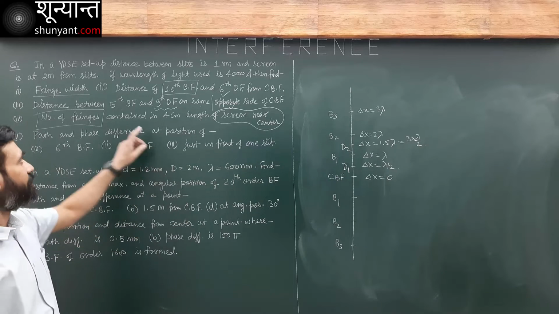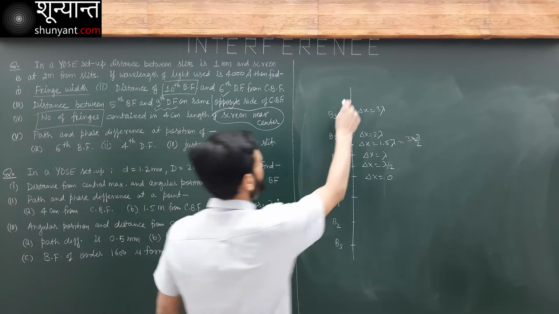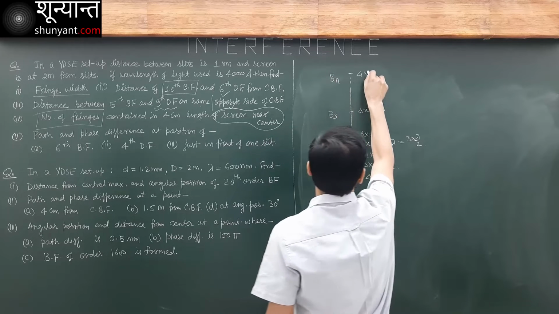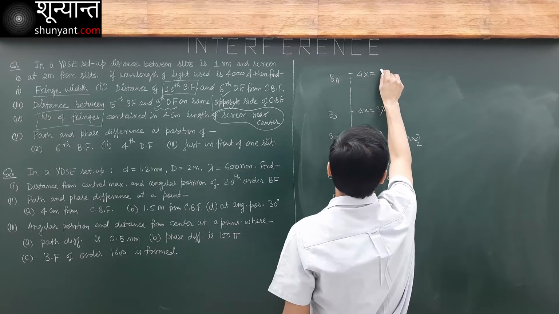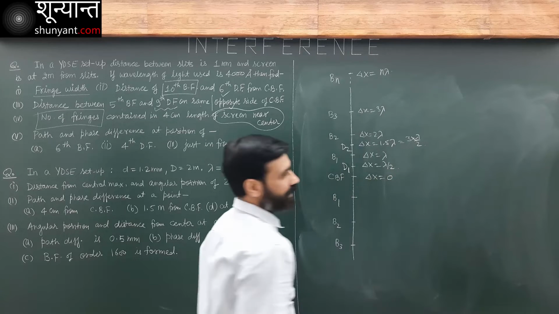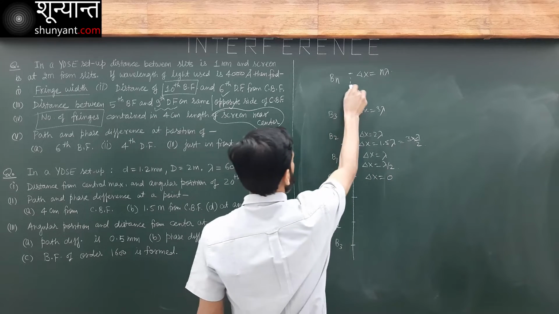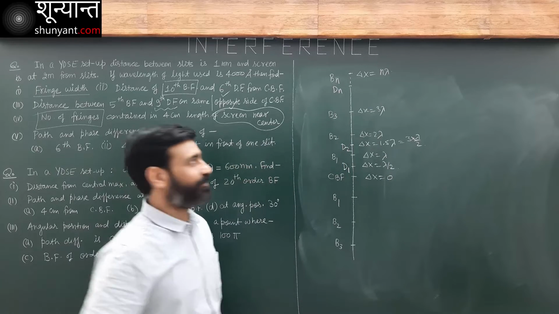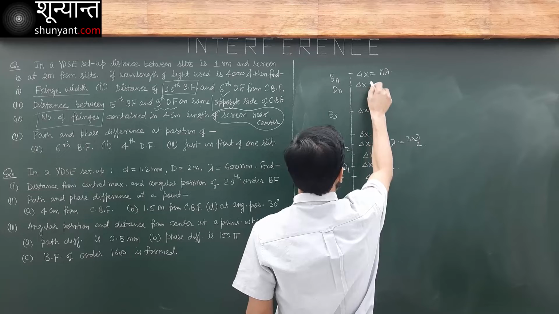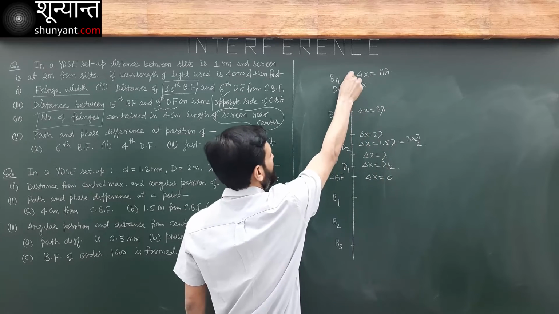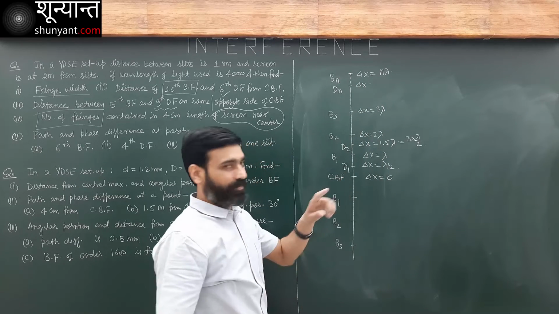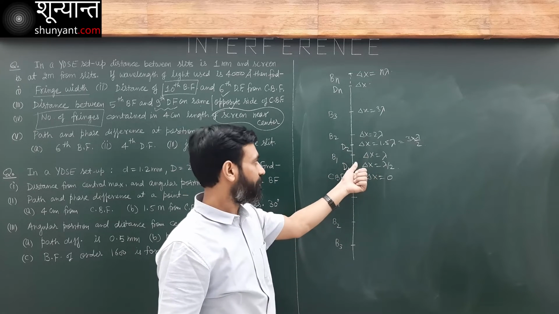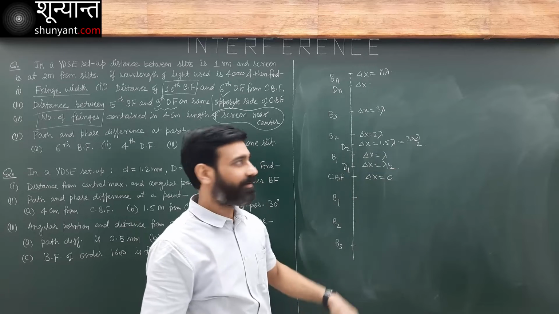So what will be the path difference for the nth bright fringe? It will be equal to n lambda. And what will be the path difference at the location of the nth dark fringe? First bright fringe lambda, first dark fringe lambda minus half lambda.